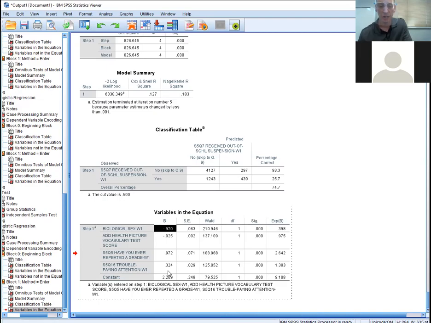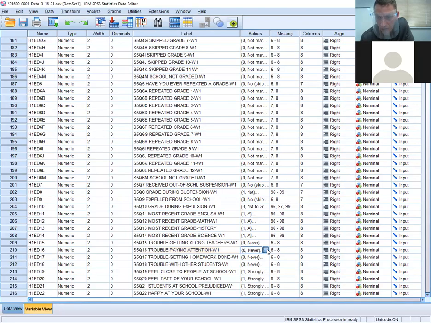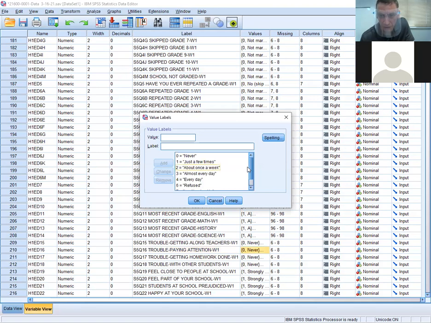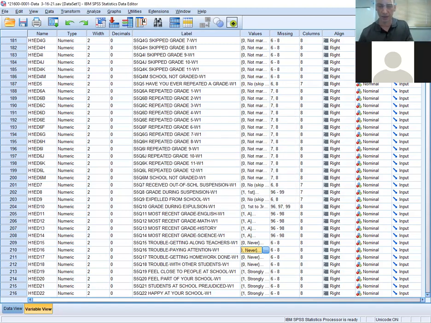You can find that out by just looking at how it was coded. It was coded never, just a few times, about once a week, almost every day. So it's a 5-point scale, 0 through 4, and so you have 0 through 4 as what you could plug in for the values that are going to be multiplied by these predictors here.